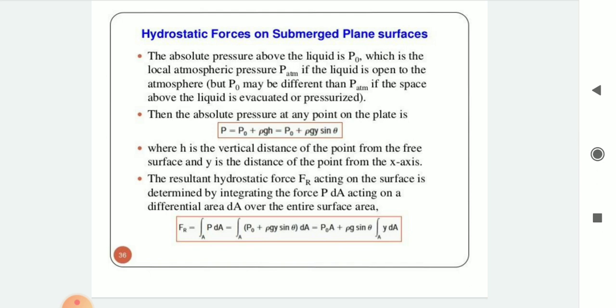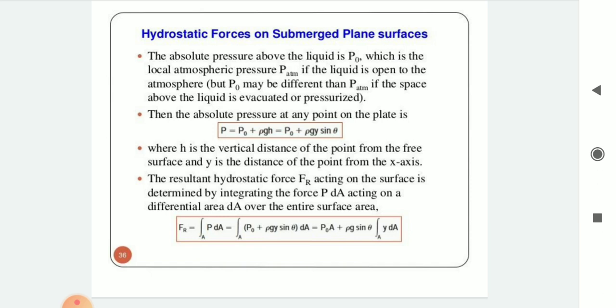The absolute pressure above the liquid is P0, which is the local atmospheric pressure P atm if the liquid is open to the atmosphere, but P0 may be different from P atmosphere if the space above the liquid is evacuated or pressurized.